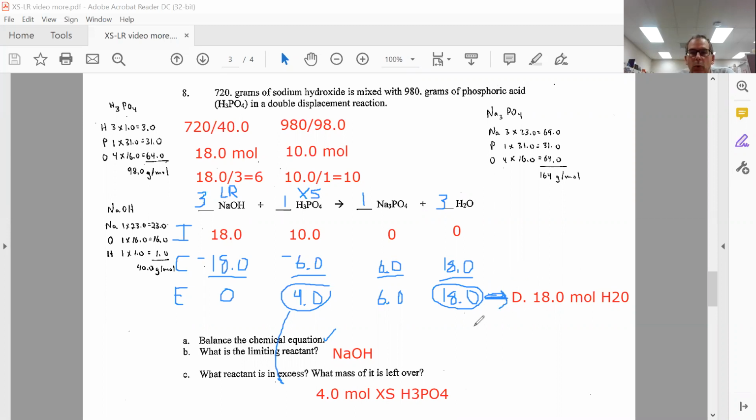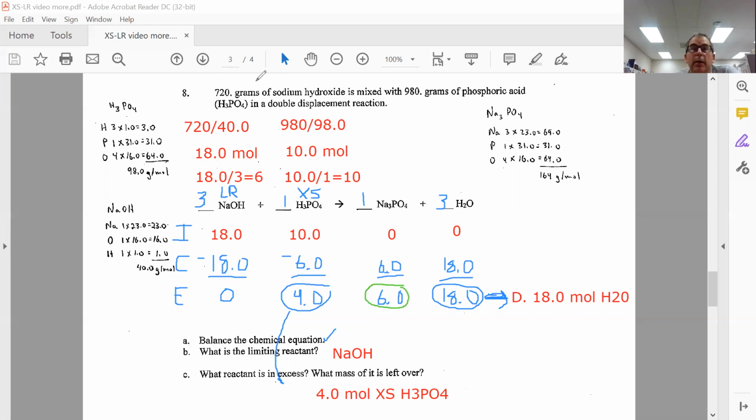And then the last one is, E says, what mass of sodium sulfate is produced? Okay, so we go here and let's change this, I think, to a different color so you don't have any mass confusion with this.